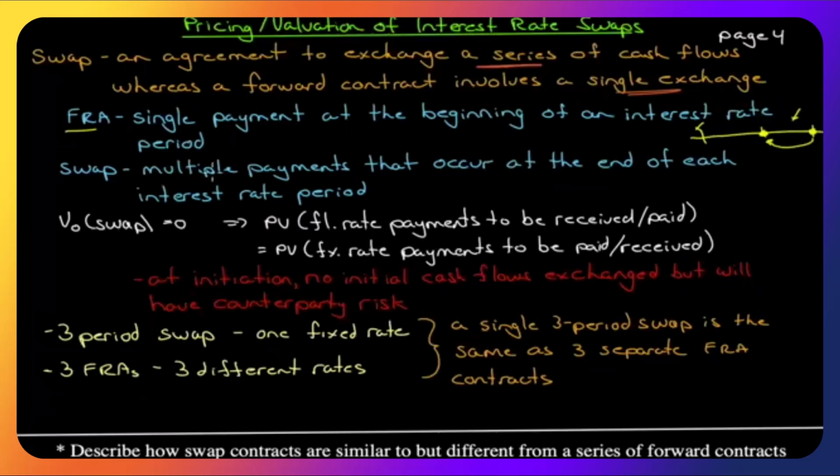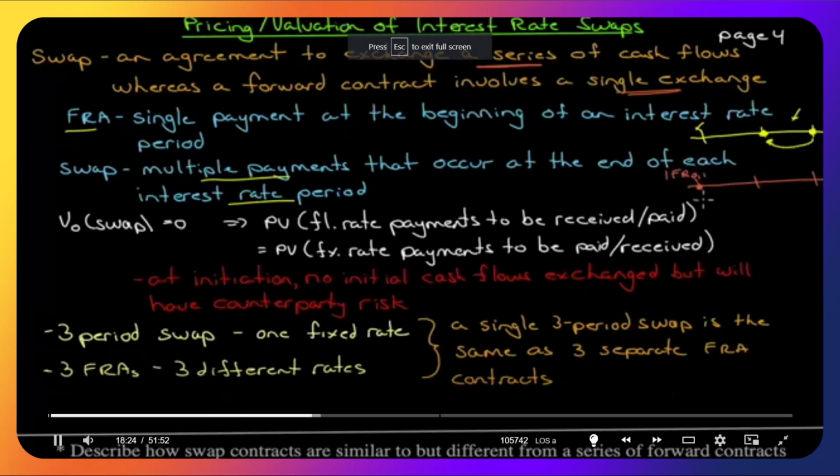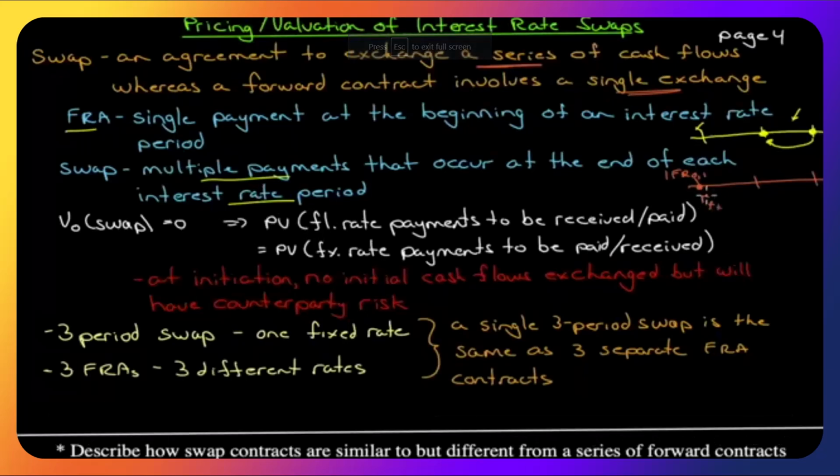A swap, on the other hand, has multiple payments that occur at the end of each interest rate period. So in a swap, let's do the same thing again. At this point in time, we observe what IFR 01 is, and we know what RFX, the fixed rate, is, and interest accrues over this period of time, and we settle up here.